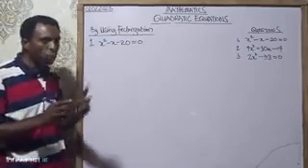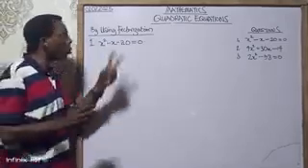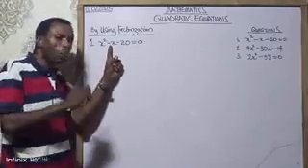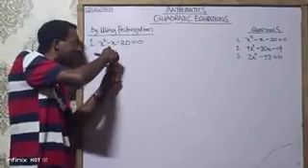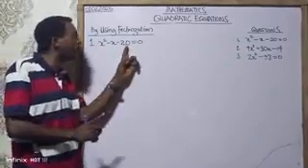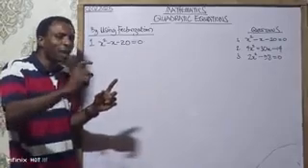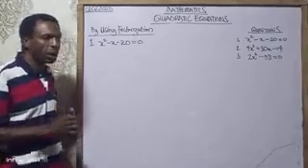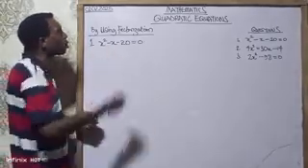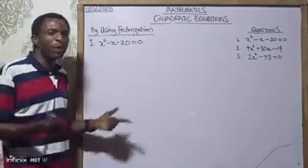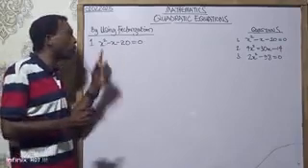Now, I will take it again. Two factors: when you add them together, they give you the coefficient of x, which is minus 1 in this context. When you multiply them together, they give you minus 20, which is the constant value of that equation. Now, let's see what are the two factors of minus 20 that when you add them together give you minus 1.